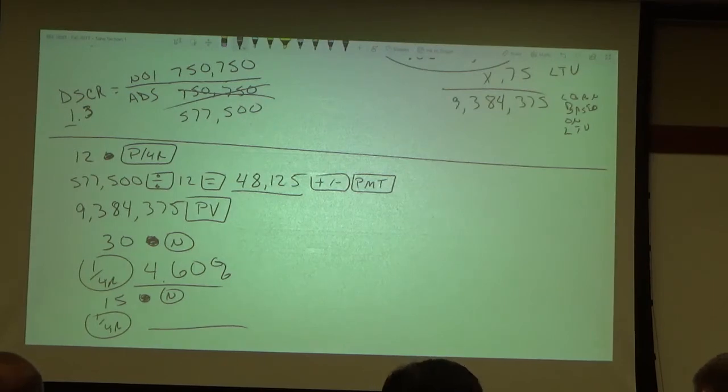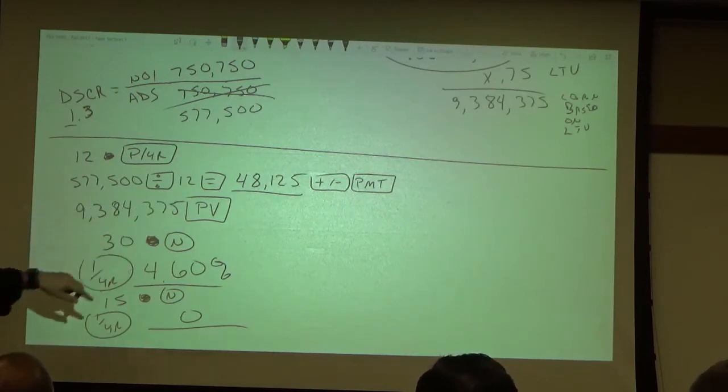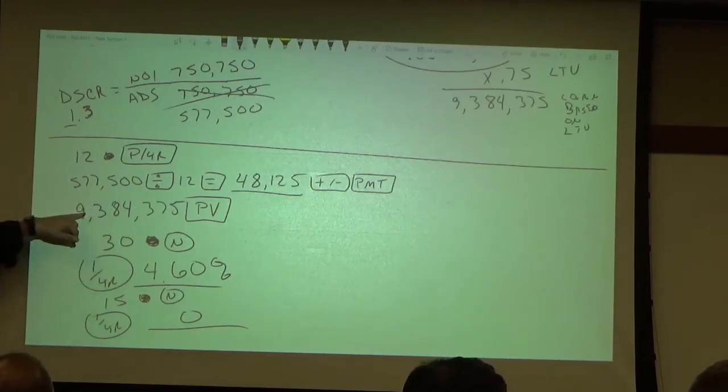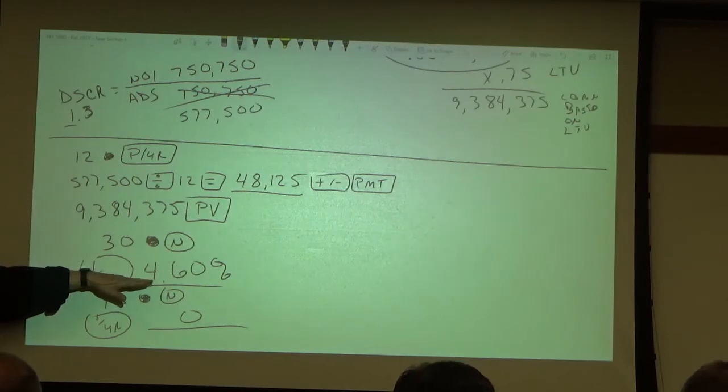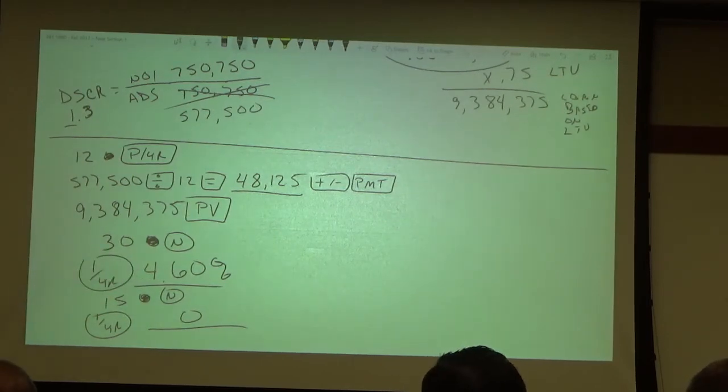Okay, in this case, it's not possible. In other words, with that level of payment, it's not sufficient to service that amount of debt, which is one of the reasons I set this up this way. So with a 30-year loan, it is possible, but the interest rate would have to be 4.6.